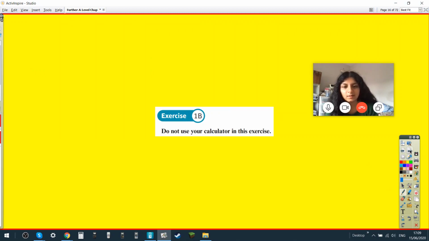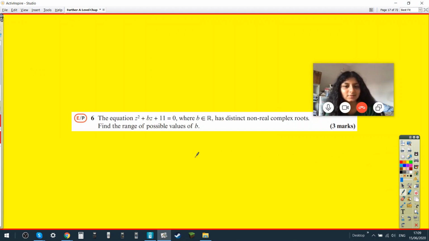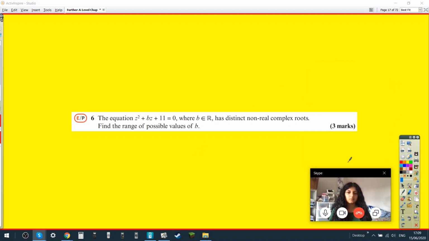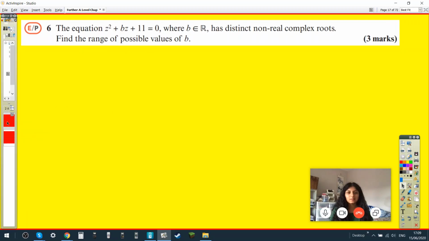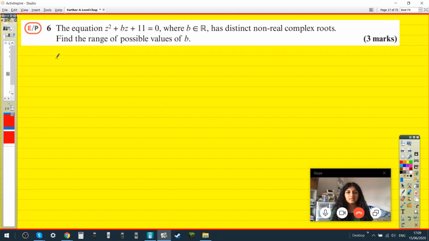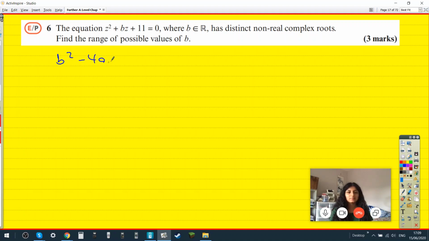All right. Do not use your calculator. Here we go. Use the formula. It has two distinct complex roots, so you know b squared minus 4ac is less than 0. Very good. So you just do b squared minus 4 times 1 times 11 is less than 0.